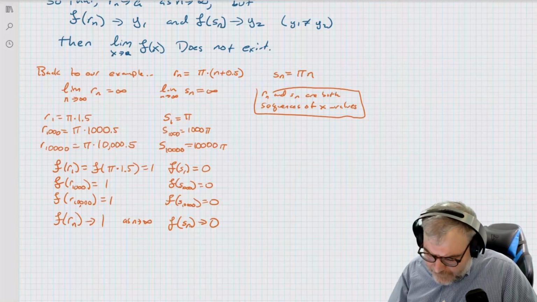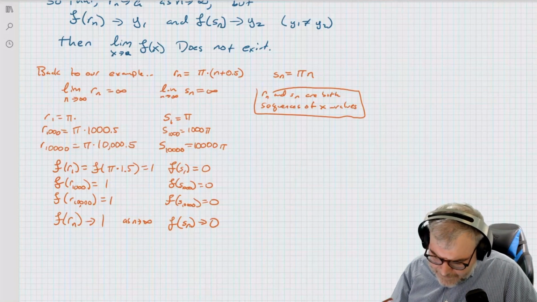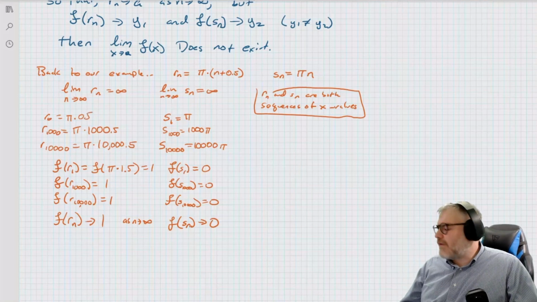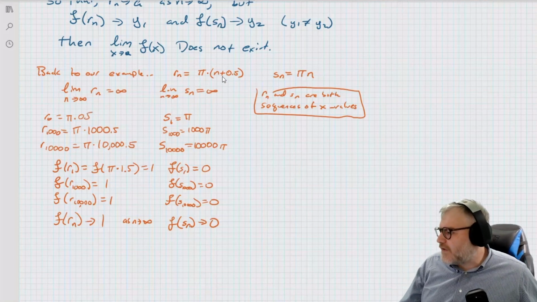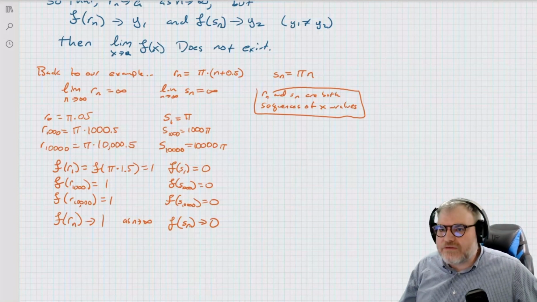Actually, I should pick R0 here because 1.5 actually goes to -1. Let's pick R0. So I go off and off and off to infinity, and it never settles.